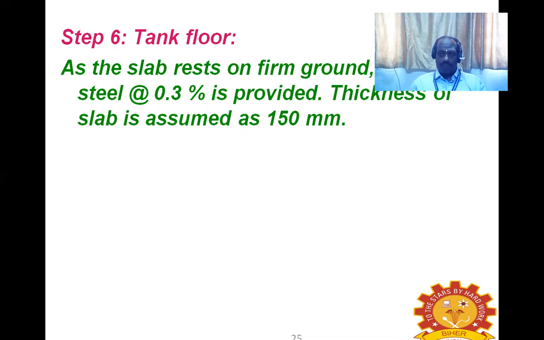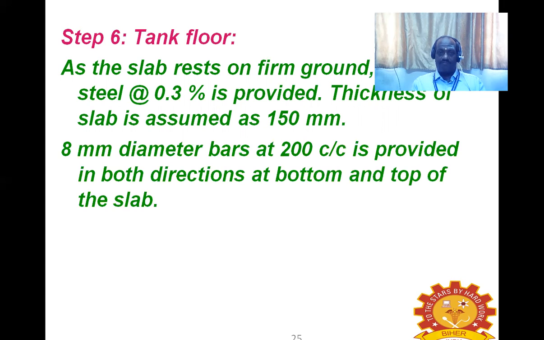And after completing the wall, we have to go with the tank floor, which has to be designed. As we have already discussed, the minimal reinforcement can be enough for the slab, because the slab is resting on the ground. As we were mentioning, because it is resting over firm ground, the steel provided can be 0.3%, and the thickness of the slab can also be assumed as 150 mm.